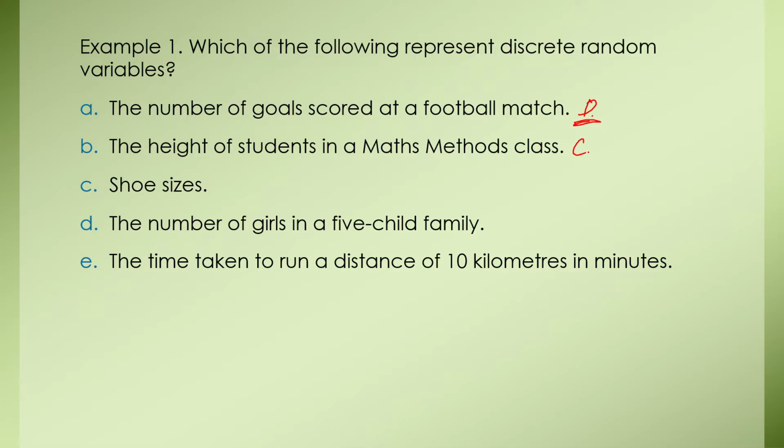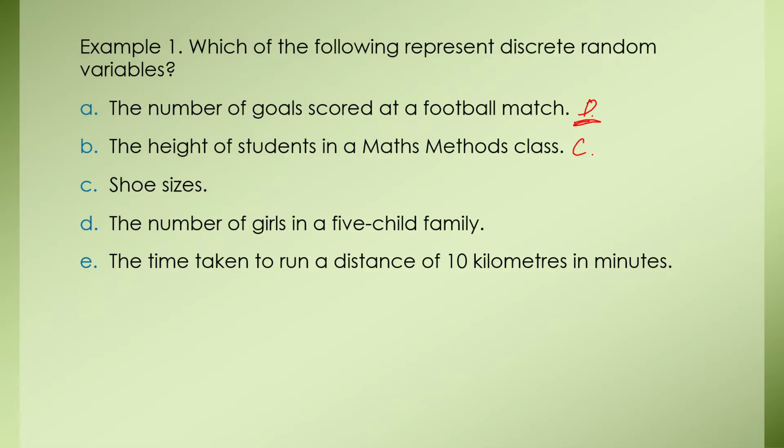Next is shoe sizes. Shoe sizes is discrete. And the next one is the number of girls in a five-child family. This can be counted, so this is discrete.